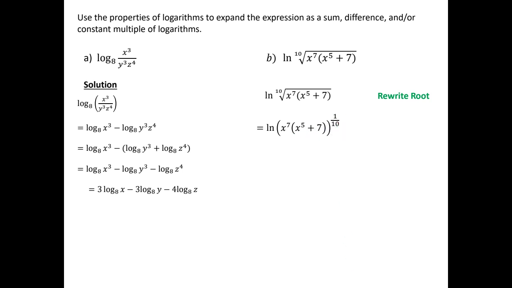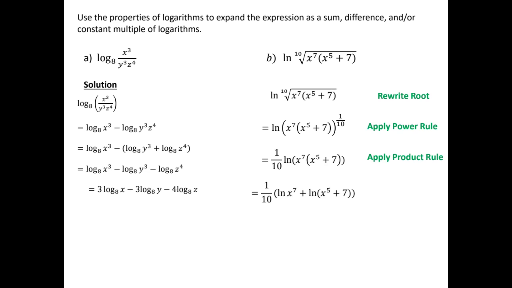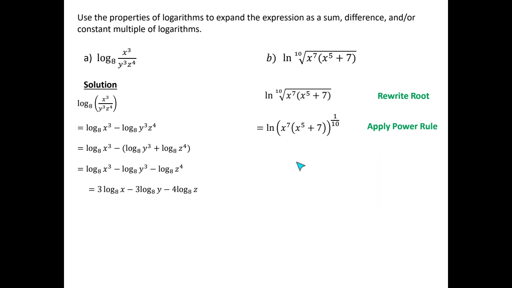Okay, so now we can apply the power rule, take that 1/10 to the front, and now I have this expression left. So here we're multiplying, so we can apply the product rule and separate it with addition. So I'm going to have natural log of x to the 7th plus natural log of x to the 5th plus 7.